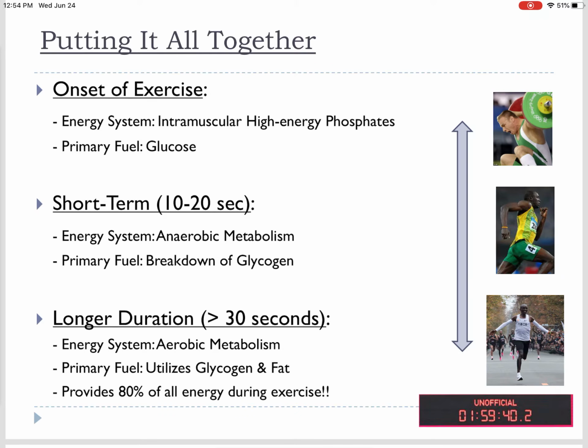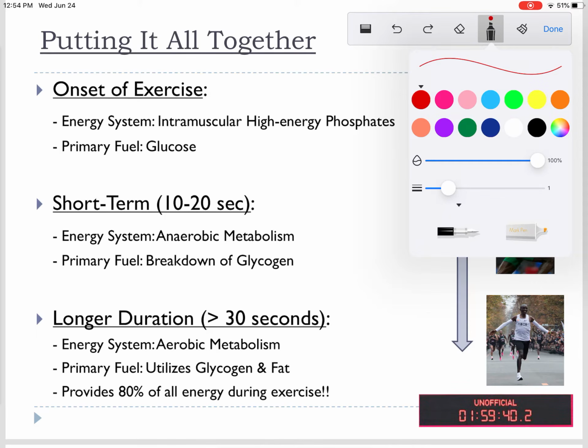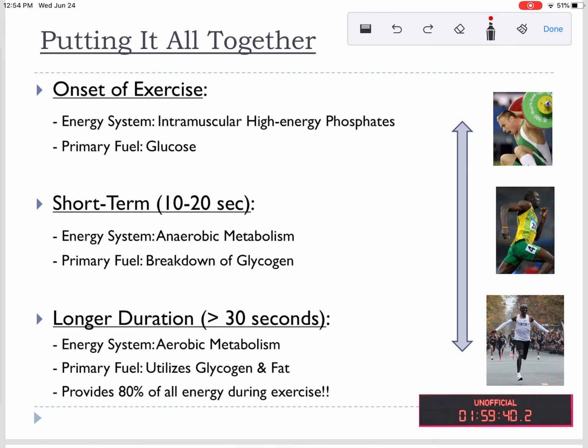All right, so putting it all together. And I really like this slide because I think it really puts it together. That's obviously why I did it. At the immediate onset of exercise, which energy system are we going to be utilizing?